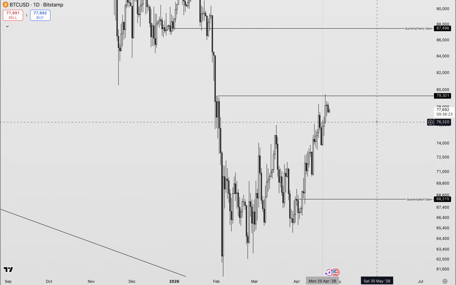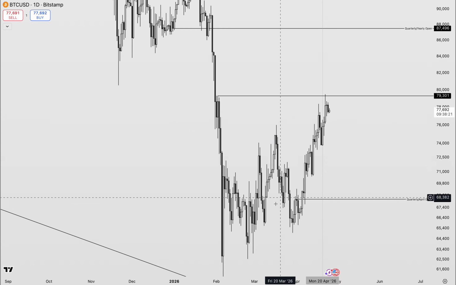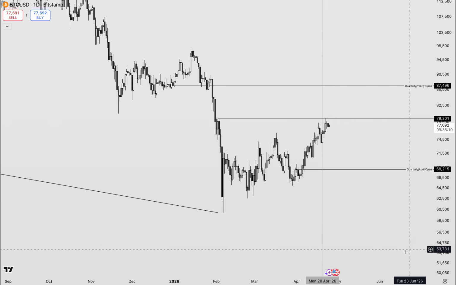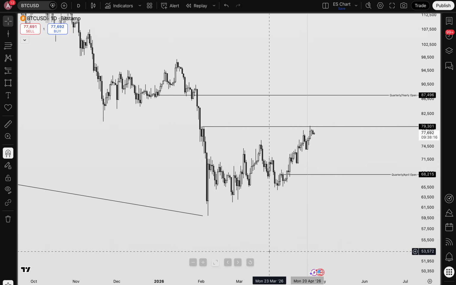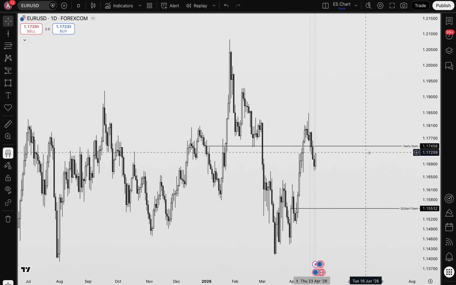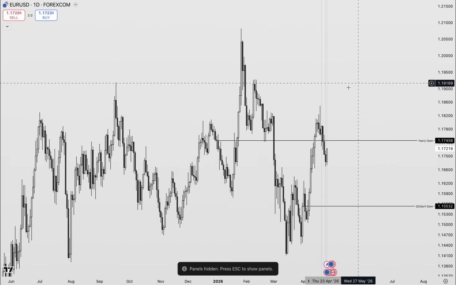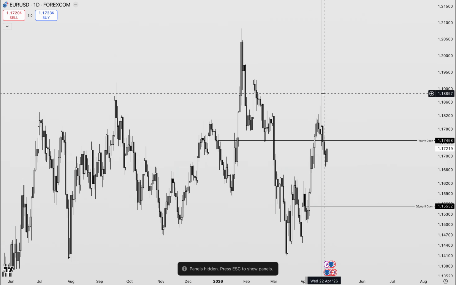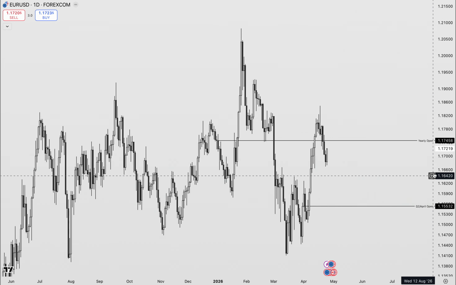So that's the way I trade the market, is through ranges, because as we know, the market moves in trend and moves in ranges, right?